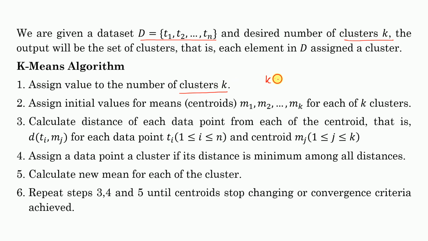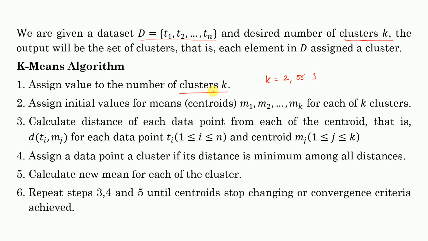K can be 2 or 3 or 4, this is your requirement. However, some processes are also there to find the required number of clusters. The elbow method is there, you can check it. I will discuss it later in some other lecture. Here I am simply describing the k-means algorithm.